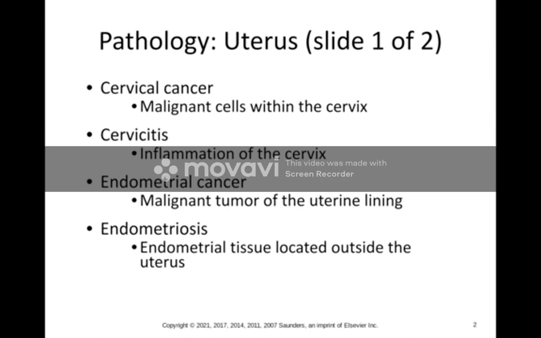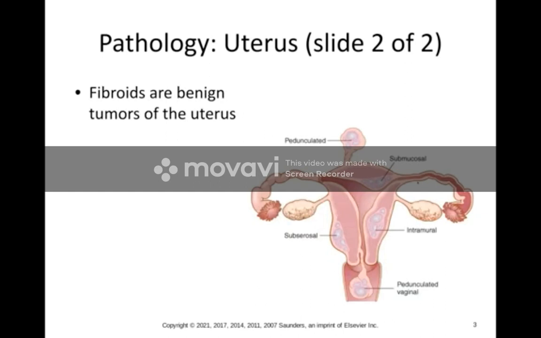Those are malignant cells within the cervix. Cervicitis, which is inflammation of the cervix. Endometrial cancer, where there's a malignant tumor of the uterine lining. Endometriosis, when endometrial tissue is located outside the uterus. Fibroids, which are benign tumors of the uterus.